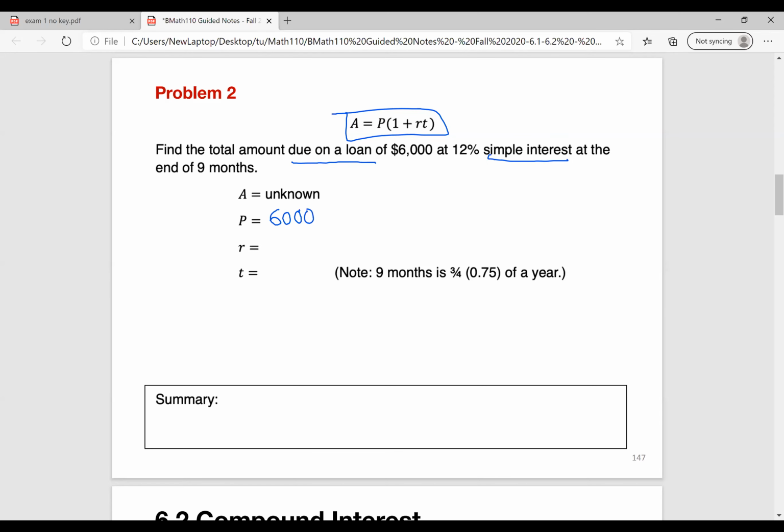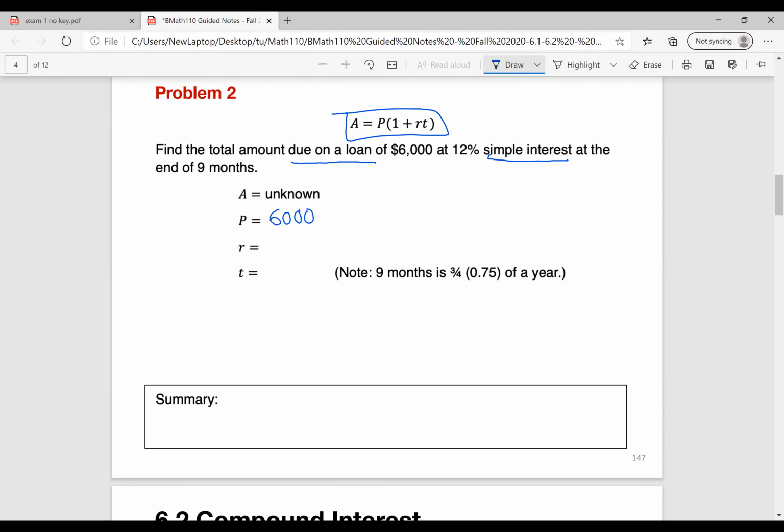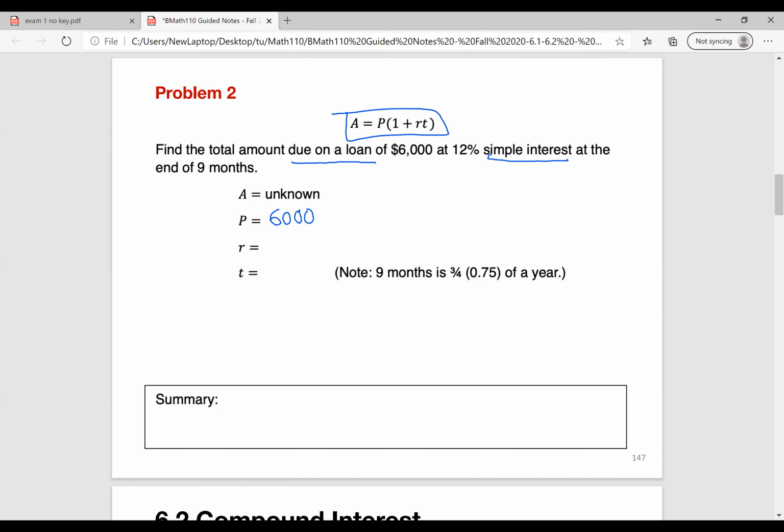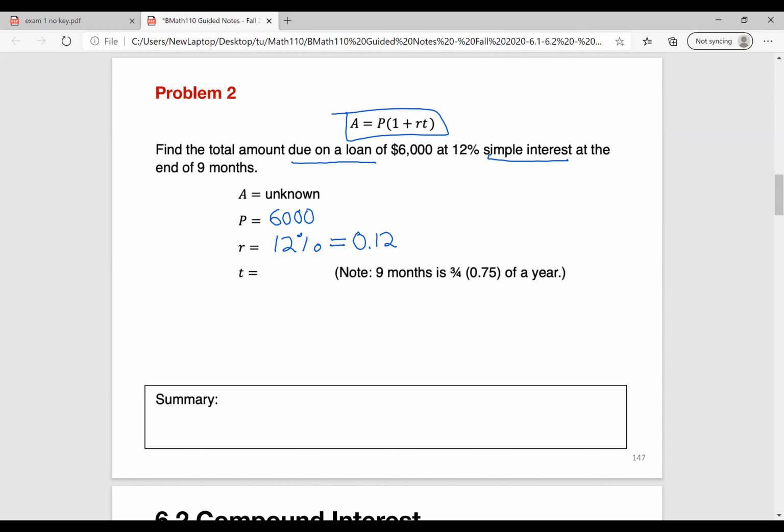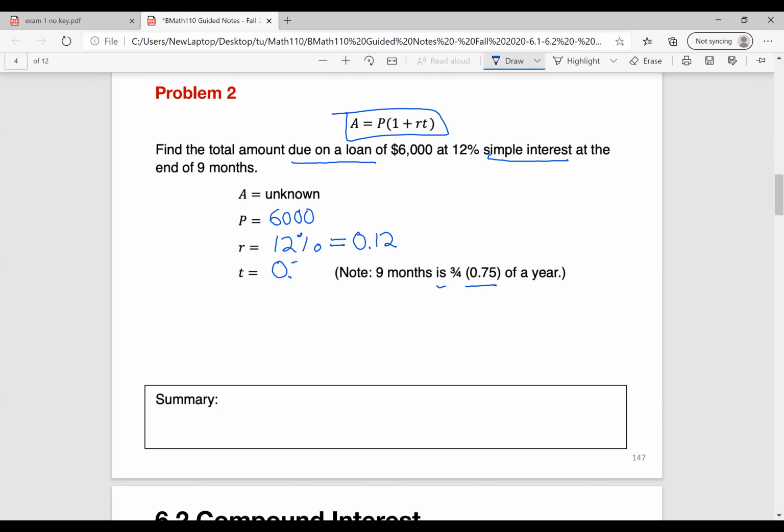The rate here is 12%, but the rate has to be converted into a decimal, so it's 12 divided by 100, which is 0.12. For T, the time in years, I have 9 months, which is 0.75 of a year. So T should be 0.75.